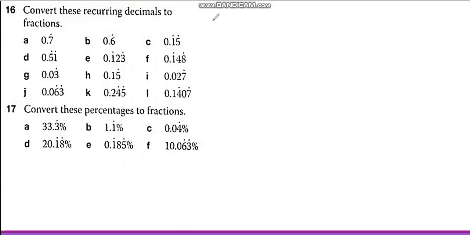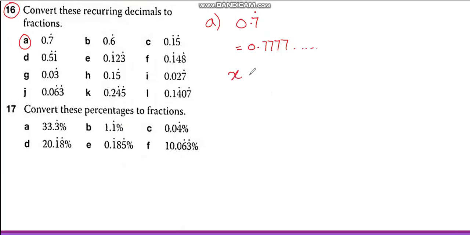So let me do A part first of question number 16, where we have 0.7 and 7 is the recurring number. In other words, we can also write it as 0.7777 and so on. Let me assume this number as x.